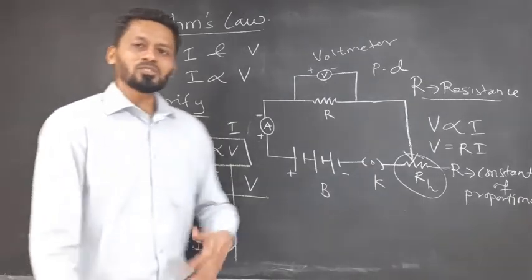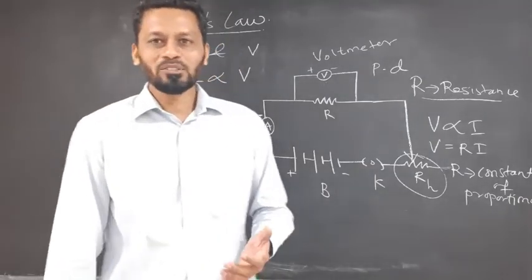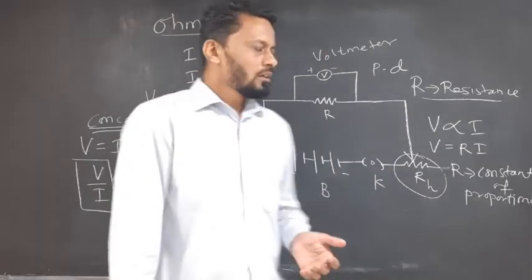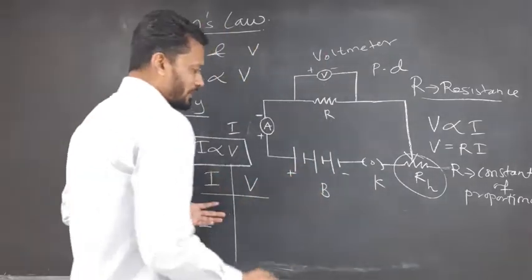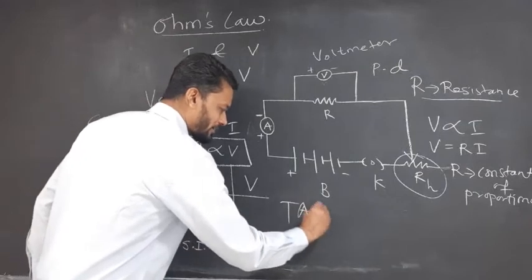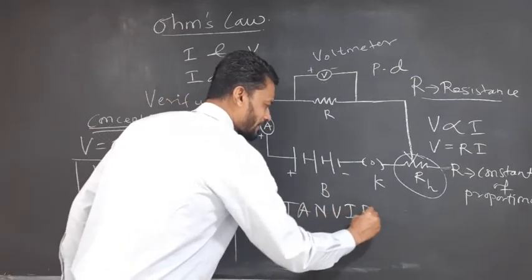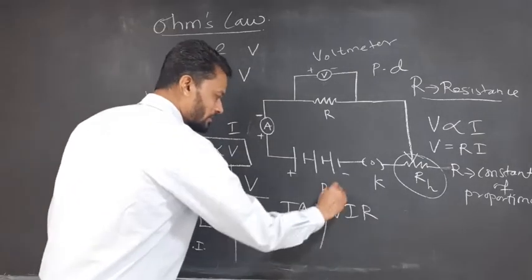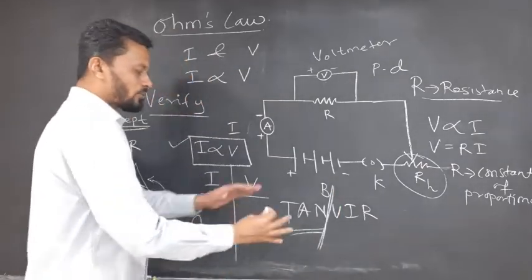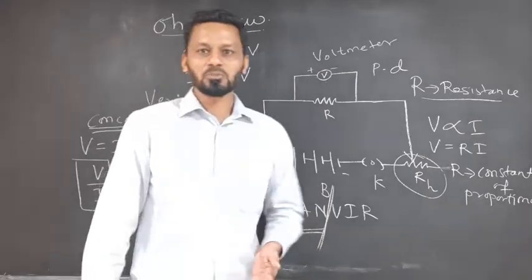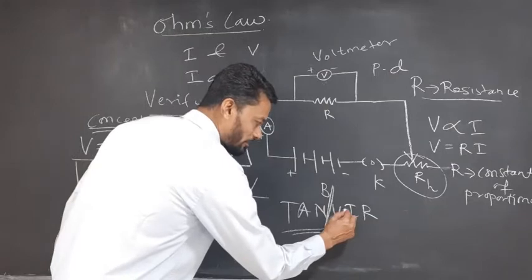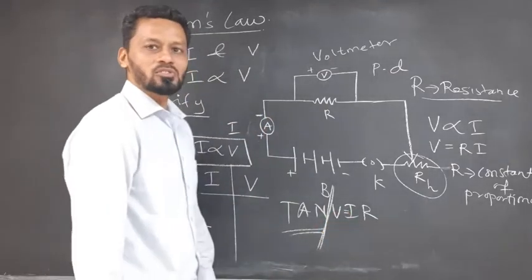Now, since you go through so many different formulas all the time in your studies, I have a certain method. My name is Tanveer. If I write the name as Tanveer and divide it into two parts, the Tan itself becomes part of the math you learn in trigonometry ratios, tangent, and this VIR, if I put an equal sign over here, is V equals IR.